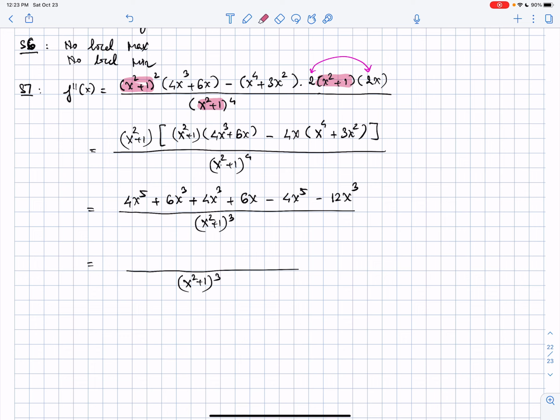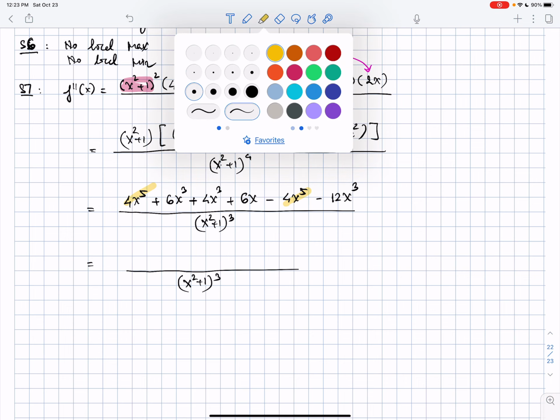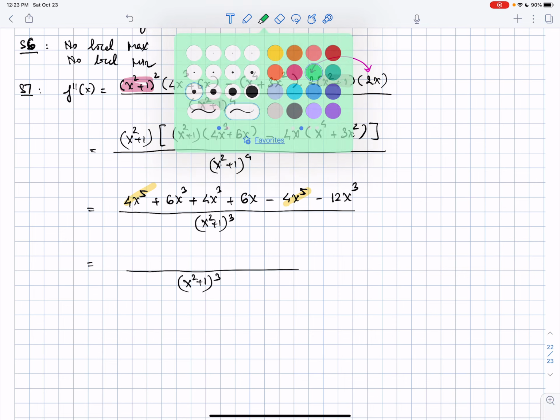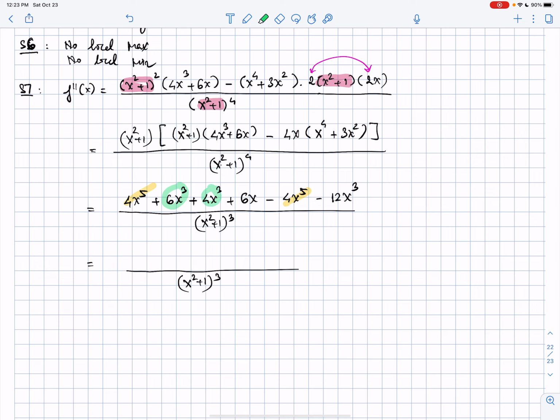The x to the 5th cancels out, and for the x cubed, 10 minus 12 gives negative 2x cubed, plus 6x. We can factor out 2x, then we get 2x times (negative x squared plus 3) over (x squared plus 1) to the 3rd power.